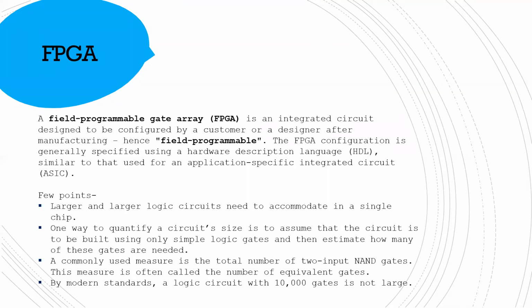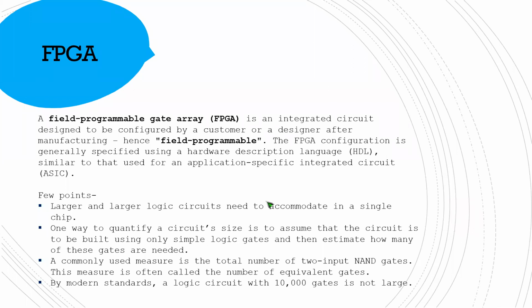Then convert that basic gates circuit to NAND gates. Then you can assume how many NAND gates you need, because you already know how to design any circuit using NAND gates, right? Because NAND gates are universal gates. You can design anything using NAND gates. That is how you understand how big your FPGA needs to be.